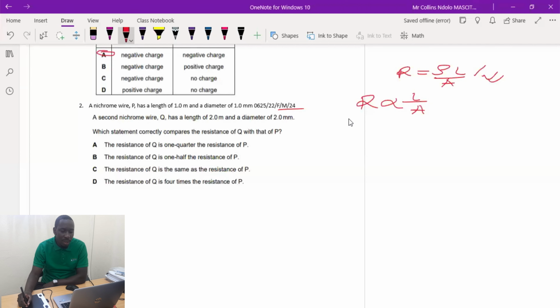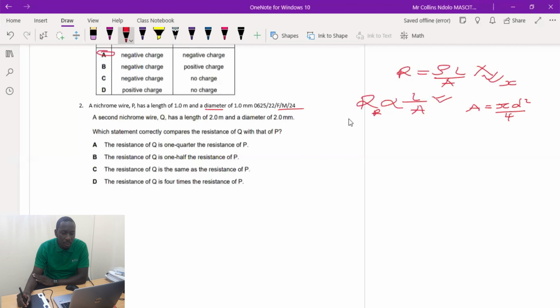So without even using this equation, we can look at this. Let's call this RP, and then the other one. Remember, we are talking about diameter. Being a nichrome wire, the assumption is that the cross-sectional area is circular. That means A is pi d squared over 4. How did I get that?